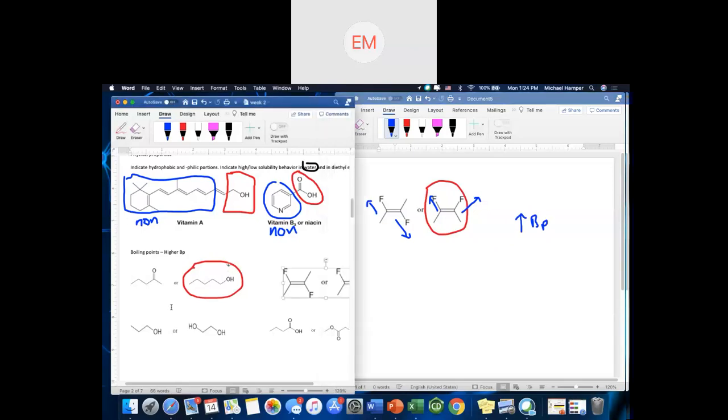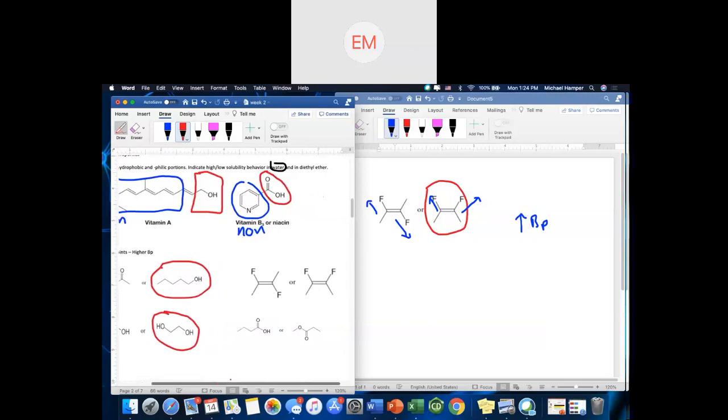How about this one? The second one. Like Eartha said, one easy way of looking at it is that this one has another hydrogen bond in comparison to the first one. So again, more hydrogen bonding, there's going to be a higher boiling point.